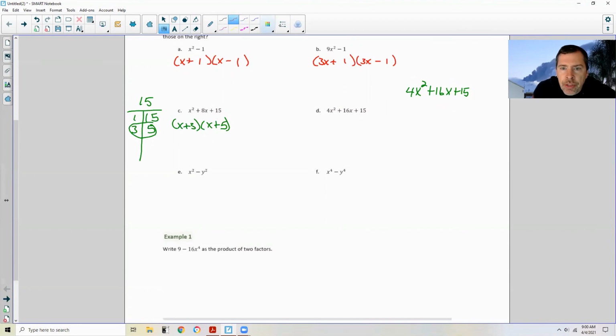So then what I do, and the only reason I do this is because we don't always know if it's going to work as easily as this will come out, but I'm just showing you this just in case. x squared plus 16x, and we multiply A times C, and 15 times 4 is 60.